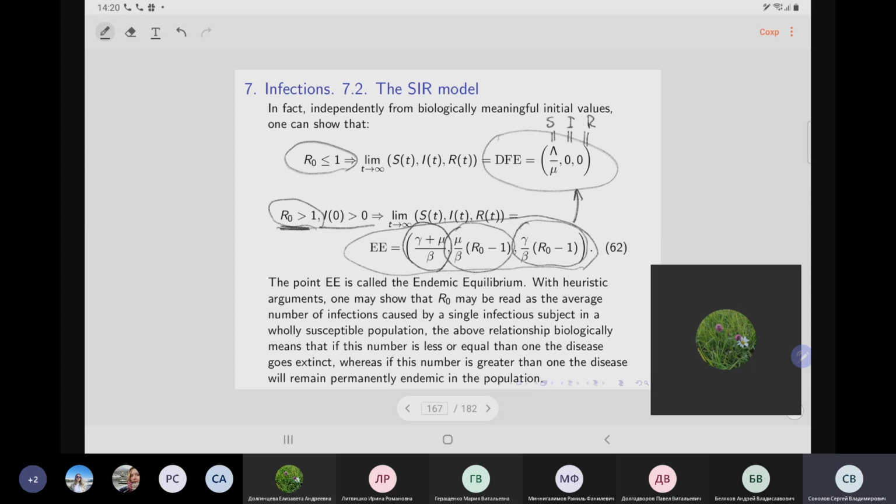And we can expect that we can fight some hard and severe diseases like AIDS, maybe not in the nearest future, but in some future, with the proper curation, the proper observing of infected, with the decreasing number of susceptible, and so on. So sometimes the endemic equilibrium can be changed into disease-free equilibrium.